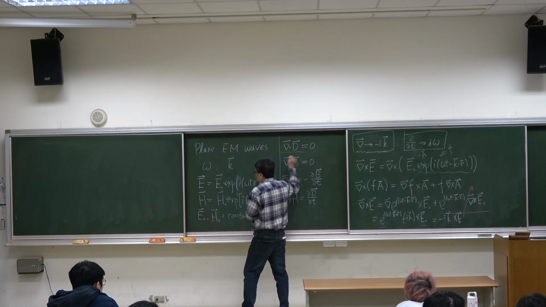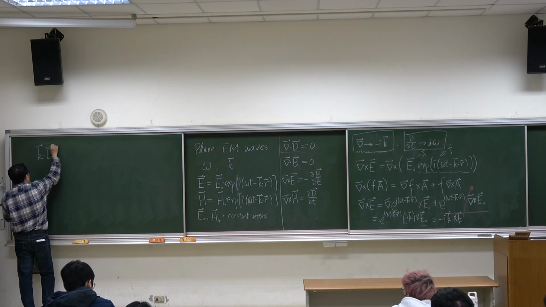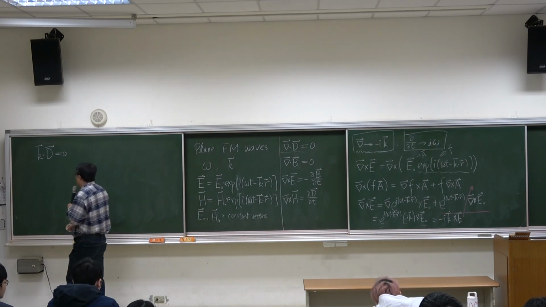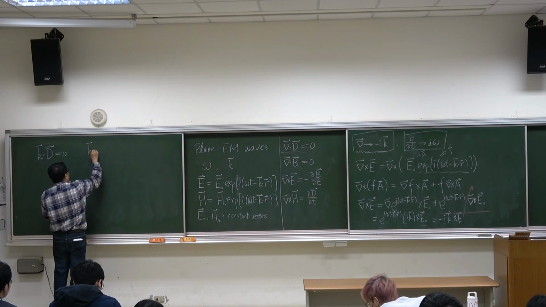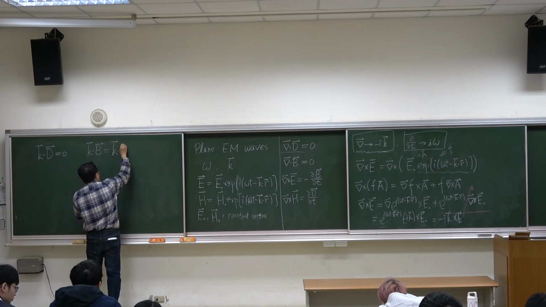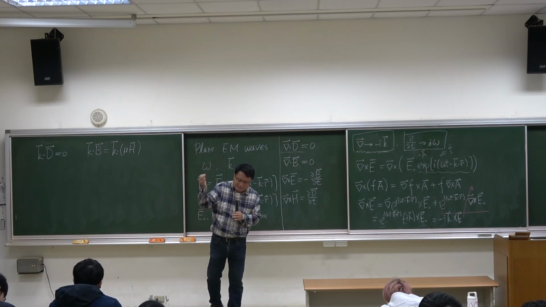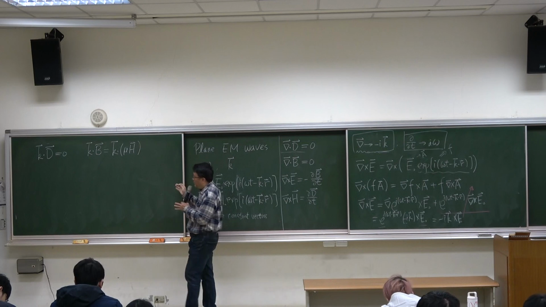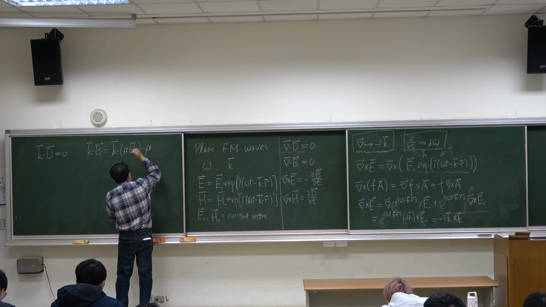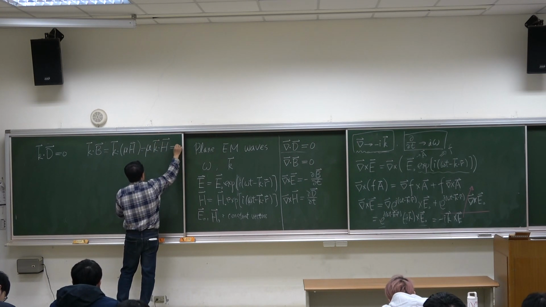So according to the first equation, what I get is k dot D equal to 0, since the minus i is removed. And the second equation tells us that k dot B, which is k dot mu H. Now we assume that the medium is anisotropic with respect to the E field, but isotropic with respect to the magnetic field, so this mu is just a scalar. So k dot H is 0.